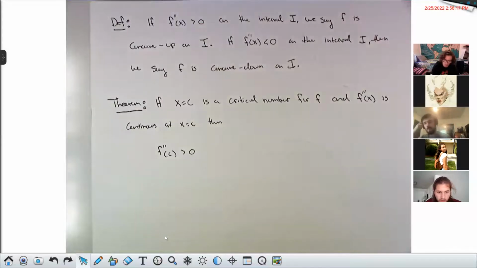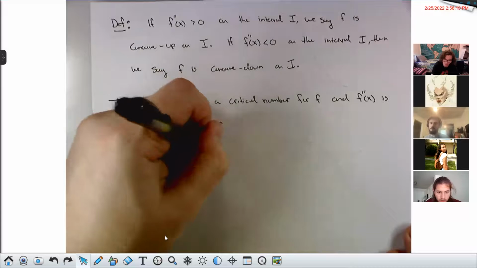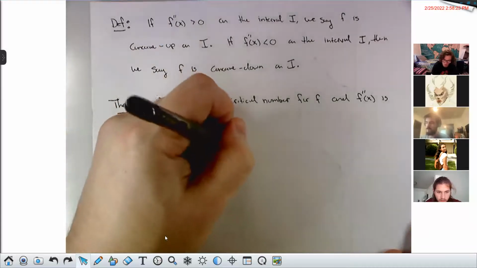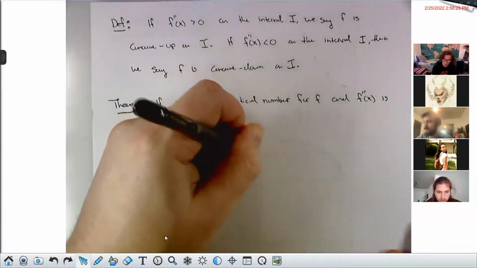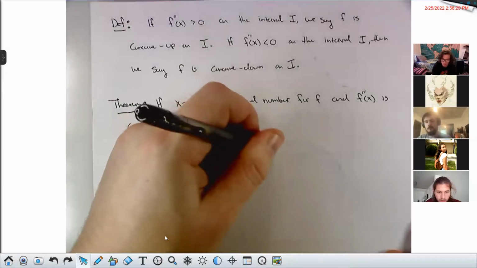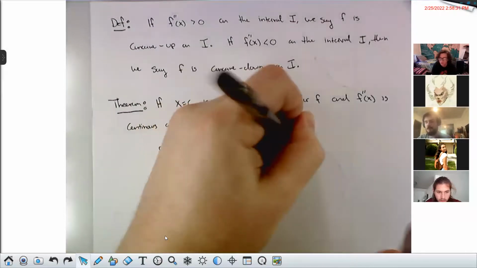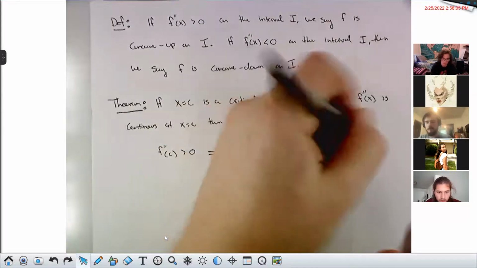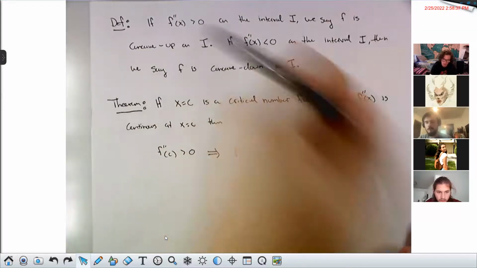But if you're concave up at a horizontal tangent line, then f must have a local min at x equals c.